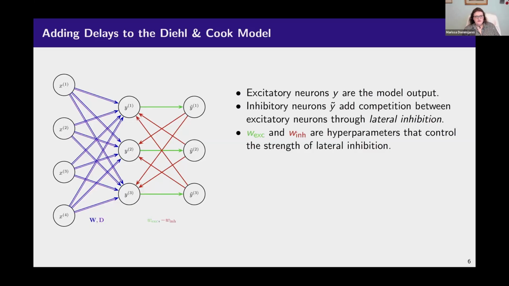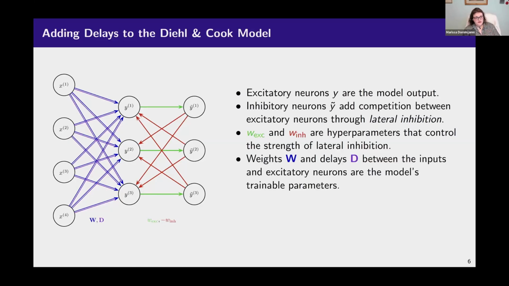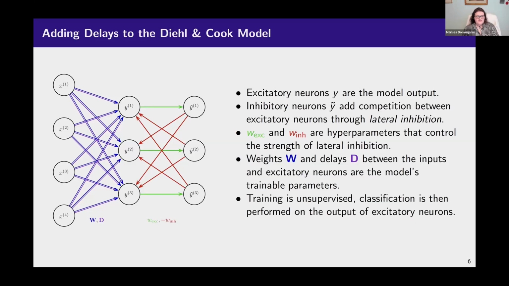The weights here are hyperparameters for controlling that, and there's no delay in these connections between the excitatory and inhibitory neurons. Instead, we have delays and weights, both trainable, between the inputs and the excitatory neurons. The training itself, going along with using STDP, is unsupervised. And then a classification is performed on the output of the excitatory neurons.